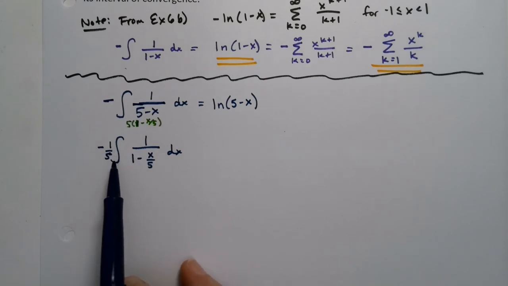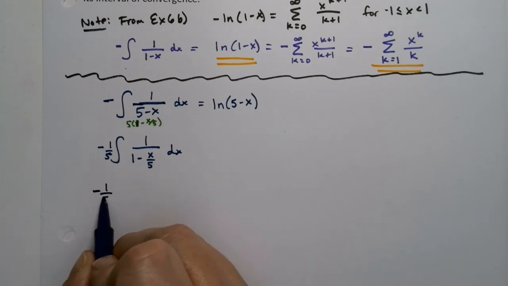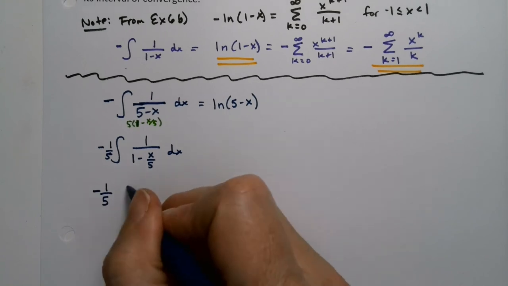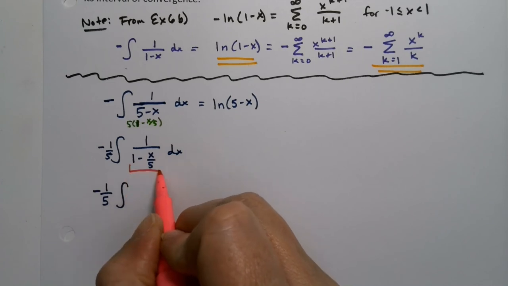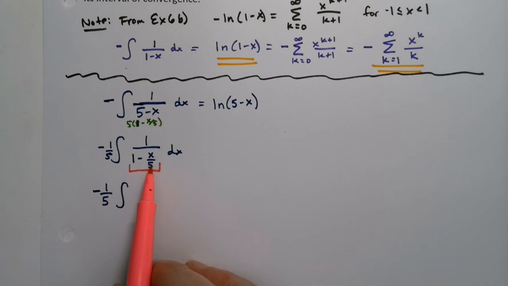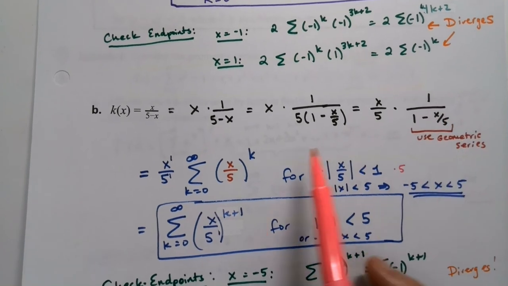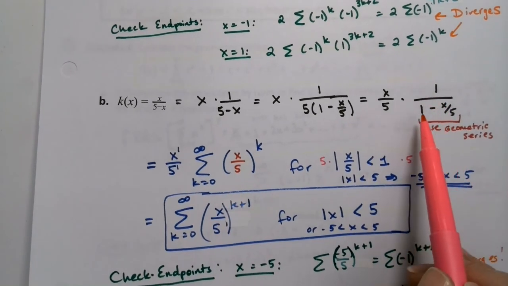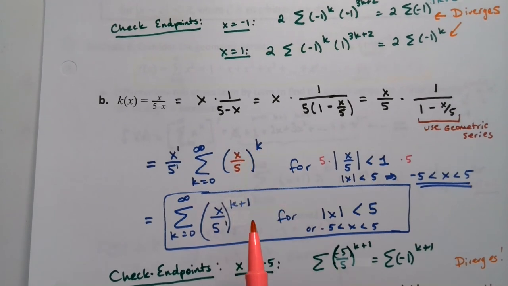So this is the negative 1/5 of this integral, but that's negative 1/5 the integral of, I know what this should be, because I know what 1 over 1 minus x over 5 should look like in series form. We found it back here. Look, a geometric series, it's right here. 1 over 1 minus x over 5 should be the sum of x over 5 to the k, right?